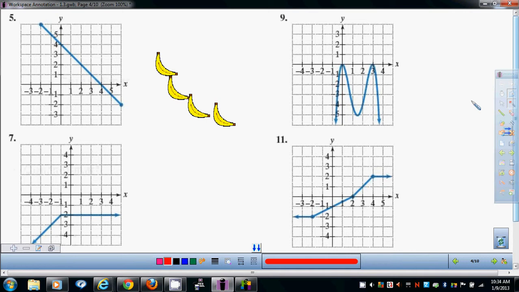Ooh, number 9 looks fun. Who wants to tackle number 9? Flynn, is that your hand? Yes, it is. Negative infinity to 0. Go on. Perfect.